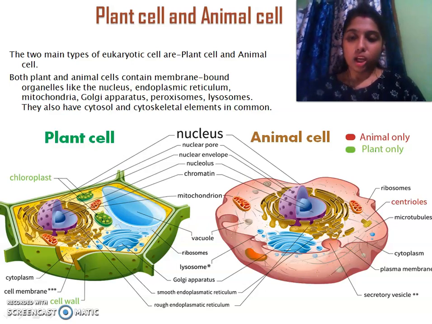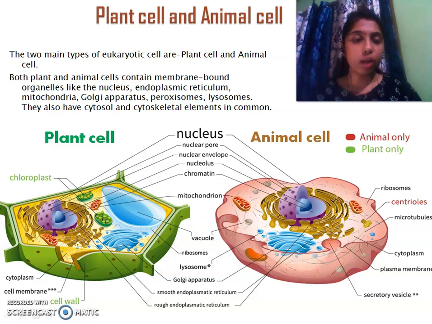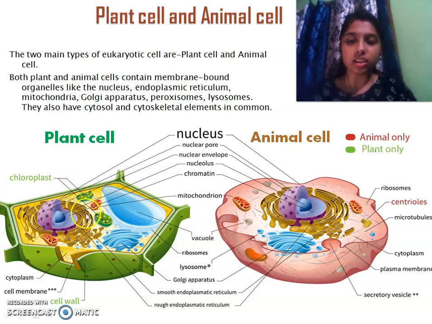Okay. So see that the chloroplast and cell wall are present in plant cell, which are absent in animal cell, while centrioles are present in animal cell, which is absent in plant cell. Now what is chloroplast? You can see some green colored structures present in the cell.